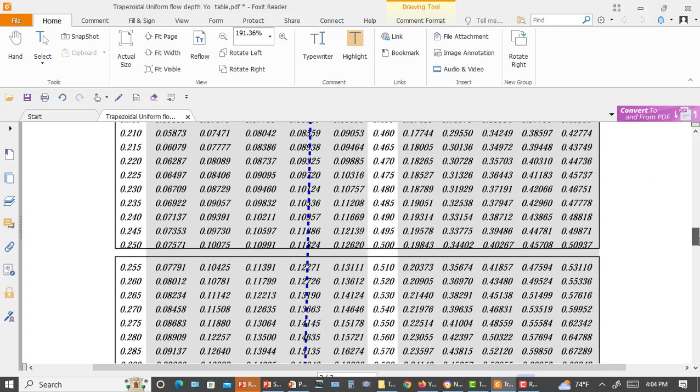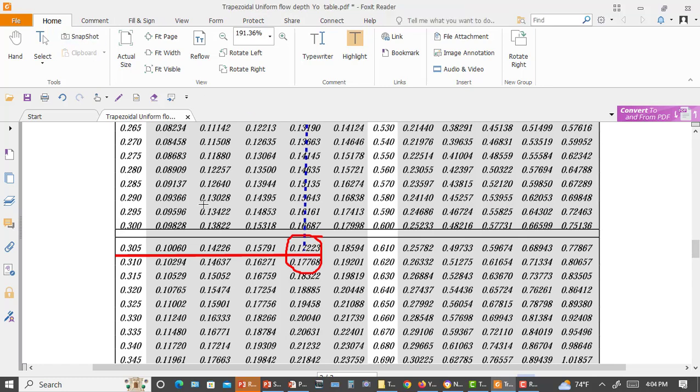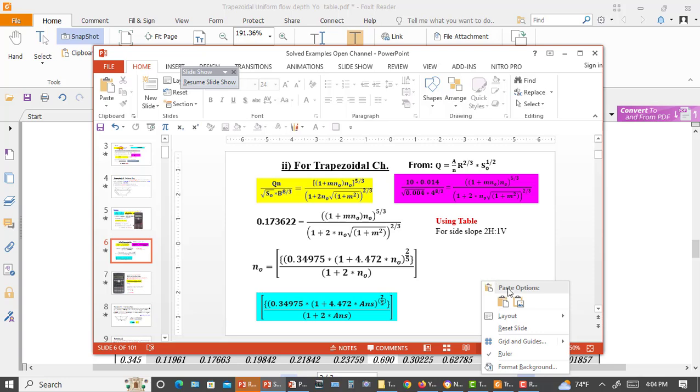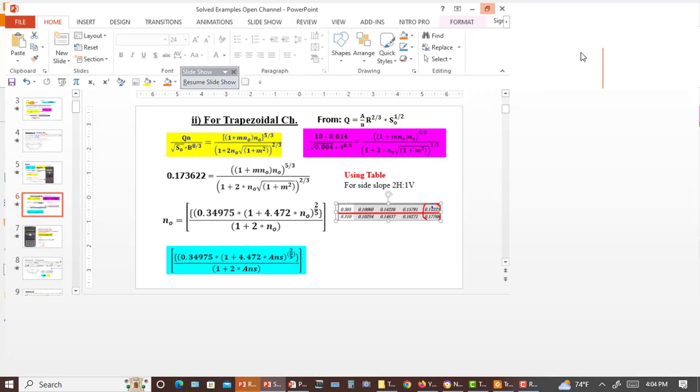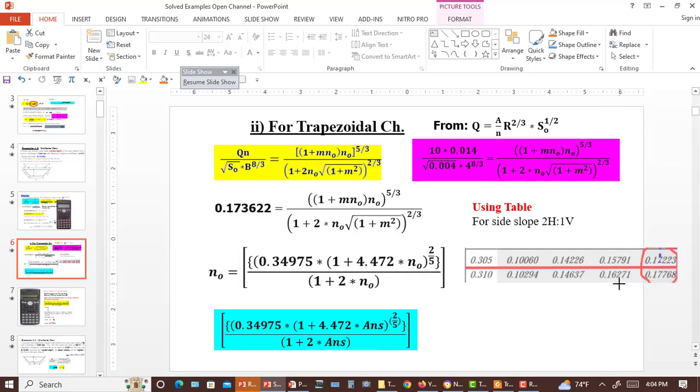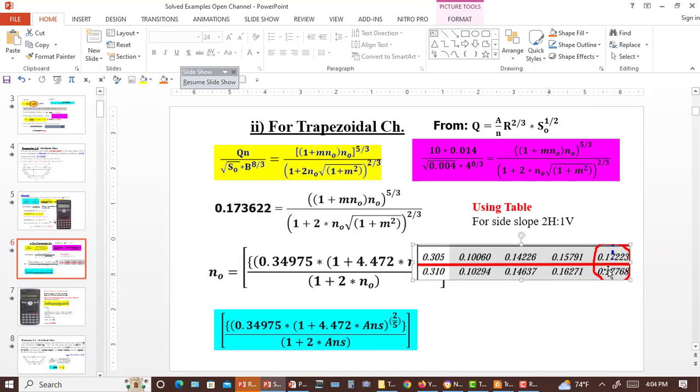So in table 3A1, you can read from this one. I can take this for interpolation. You can take this one. So this is interpolation. Now calculate between 0.1722 and 0.177. Then you can iterate.